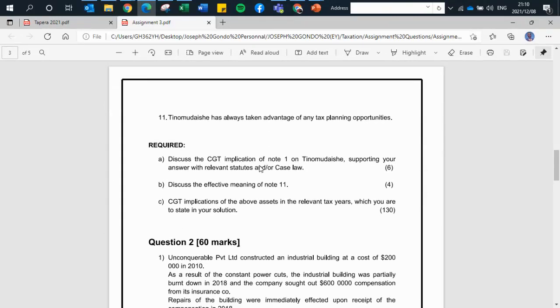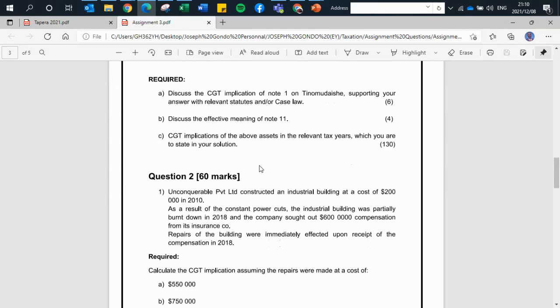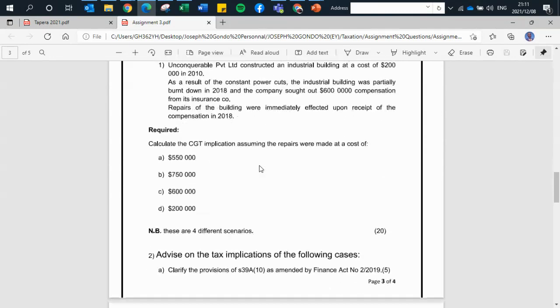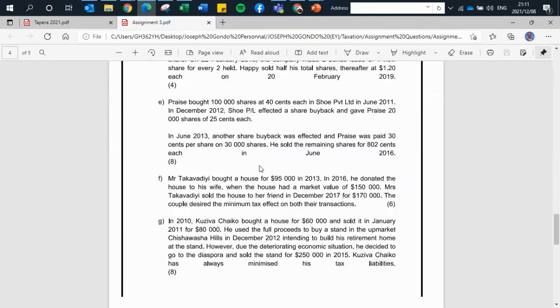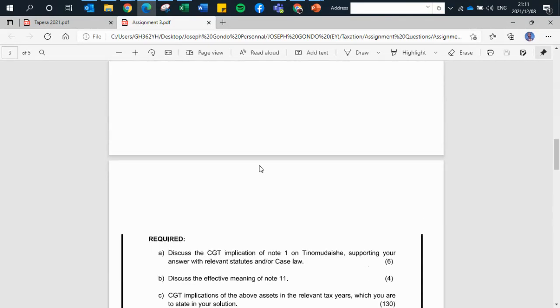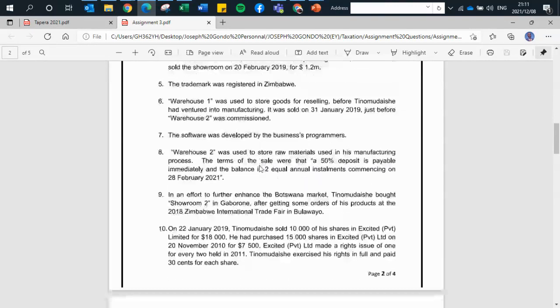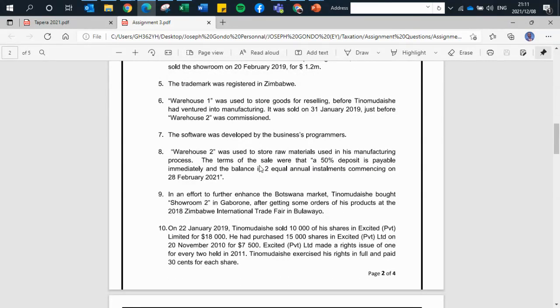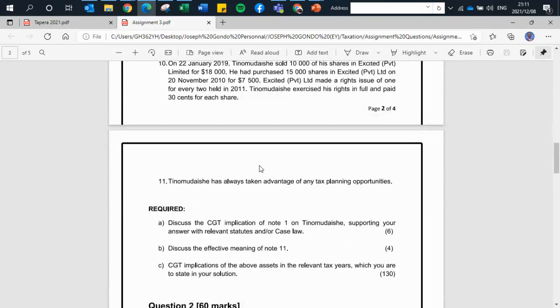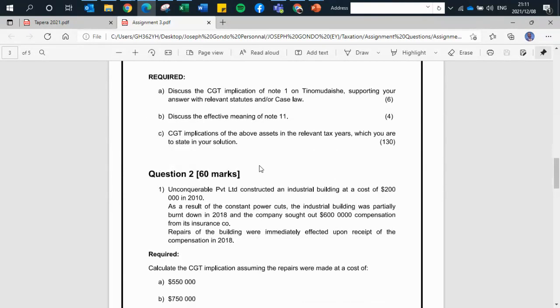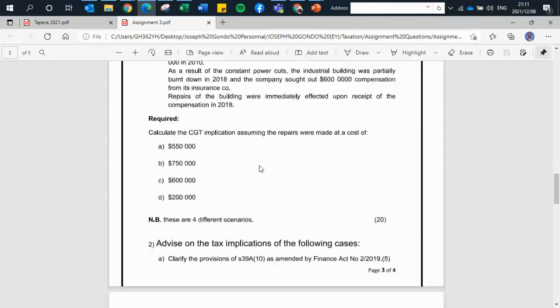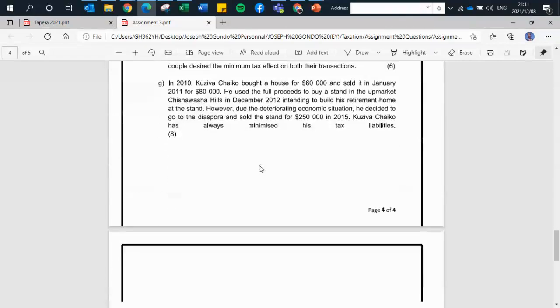It was exactly the same. I don't think we have an example here.